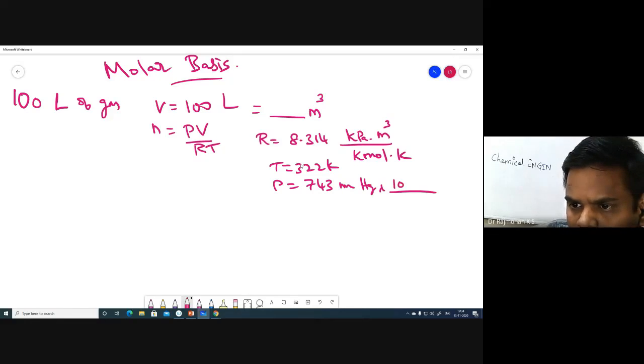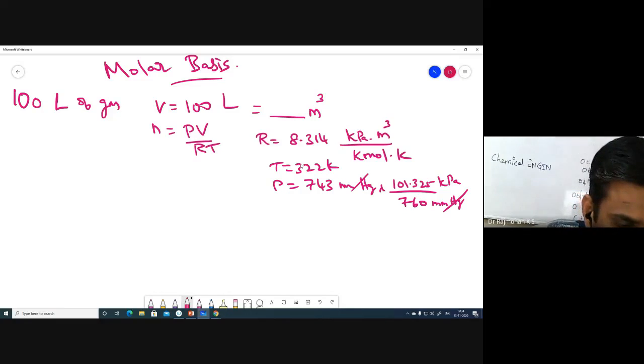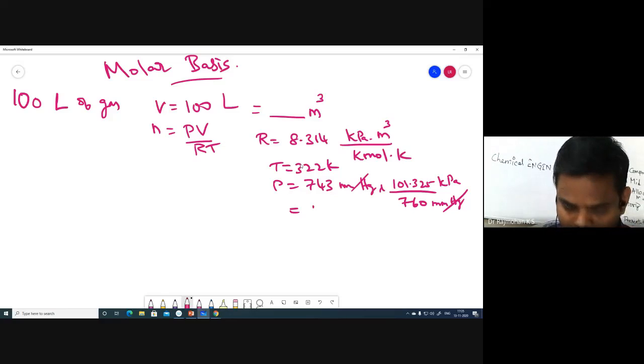So convert to kilopascal. 101.325 kilopascal is equal to 760 mm mercury. Remember, we have to always use this unit tally procedure wherever it is applicable. Use the calculator: 743 into 101.325 divided by 760, which is 99.1, or 99.06.